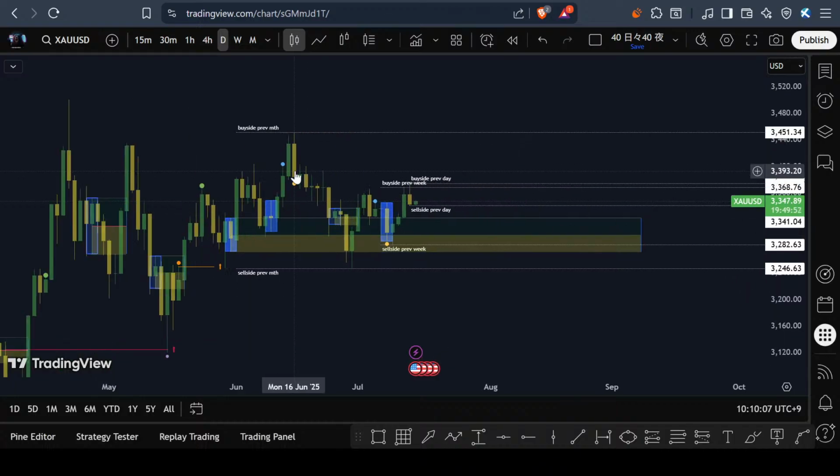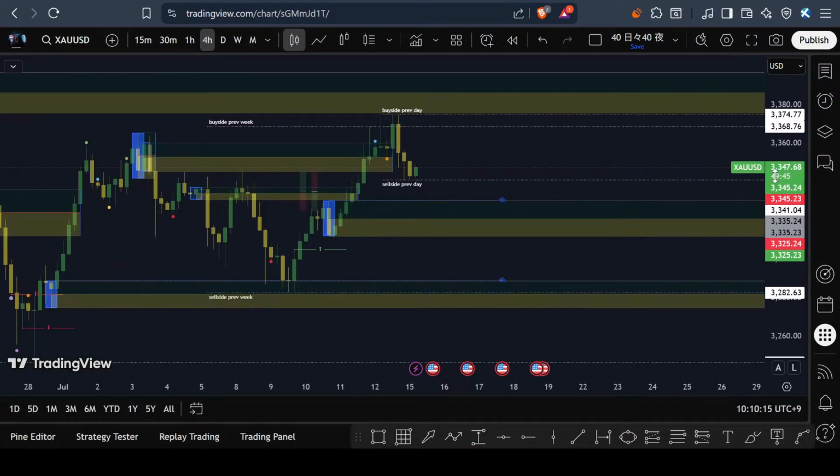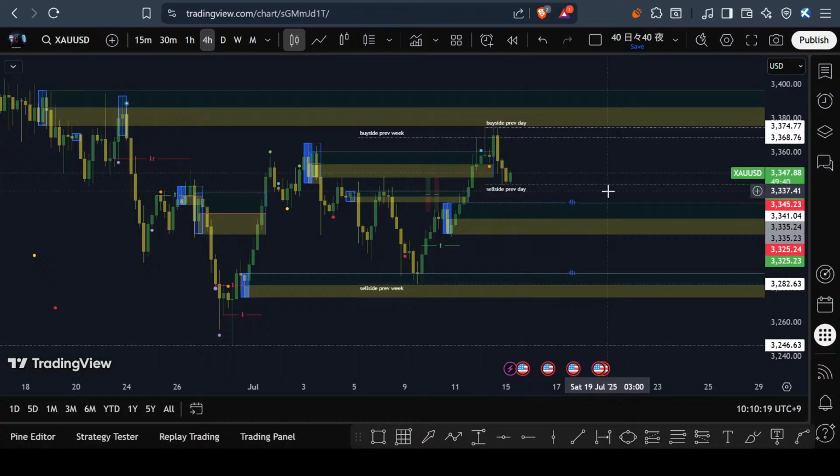So for myself, I'm just looking at the flow. What has price done? What is price doing? That is what I tend to do. I just see the reaction of price in the levels that have been drawn in the market. That's how I essentially trade.